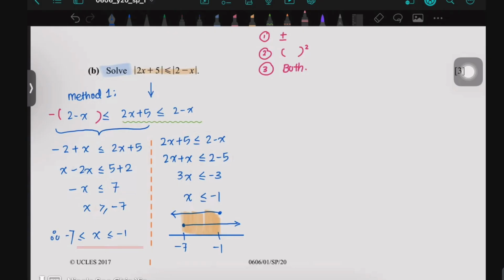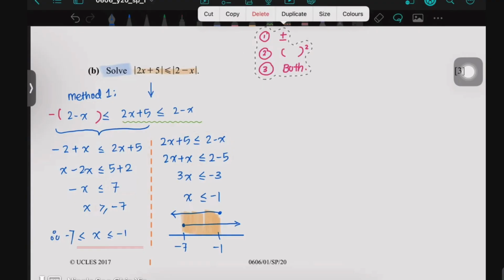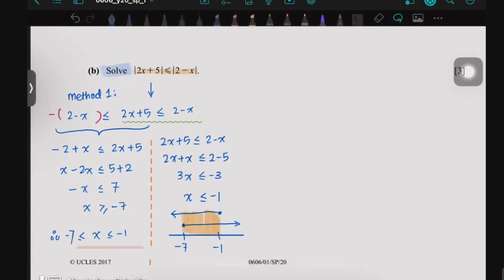Second thing, we do squaring both sides. When we square both sides, we will have (2x plus 5) squared less than or equal to (2 minus x) squared.